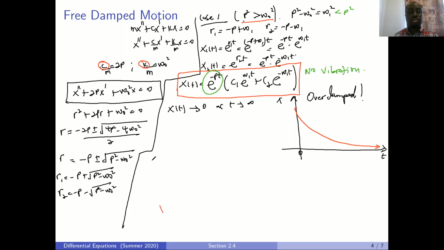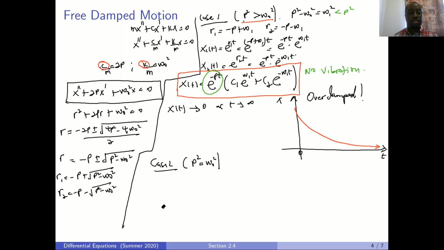Case 2. We can assume that p squared equals w0 squared, which means that we have about the same level of damping from the dashpot as we have from the spring in terms of spring force. So what happens in that case?